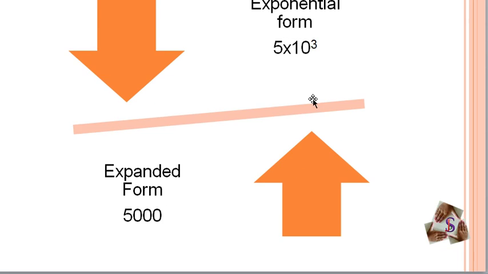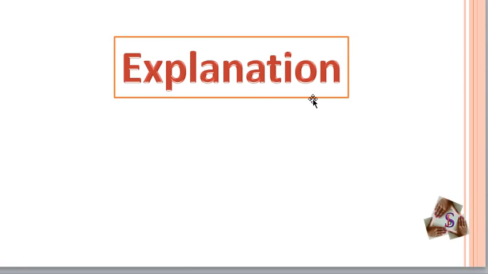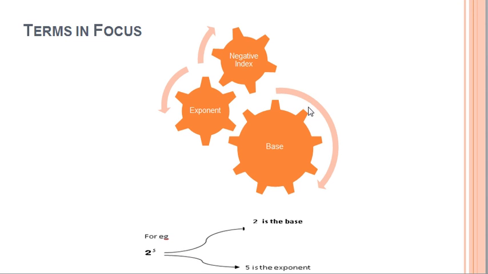Now let us understand the various terms that we are going to use in exponents. The first term that we will come across is base. So what is a base? A base is the number that is being multiplied. How many times the number is being multiplied is called the exponent.